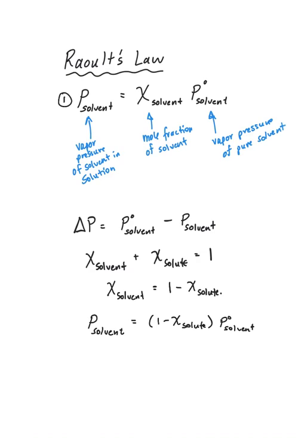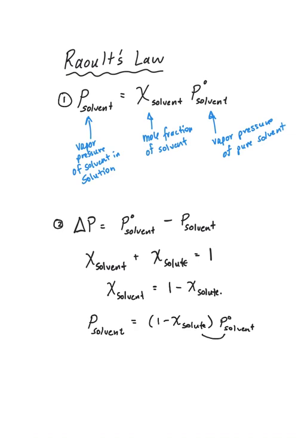And from here, we can say that since we know the vapor pressure of our pure solvent minus our vapor pressure of solvent in solution is delta P from equation 2, we could start to rearrange this new expression down at the bottom to solve for solvent vapor pressure in solution.